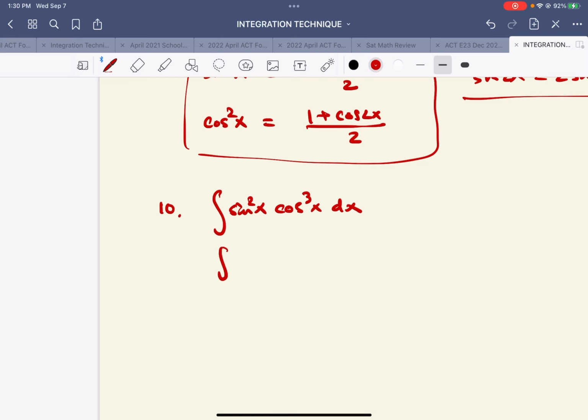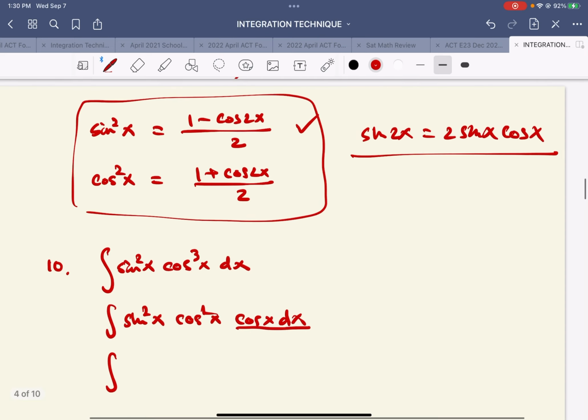So what I'm gonna do, like I said, sine squared x, and then this one, cosine squared x, and cosine x dx. So I know if I make u a sine, then cosine x dx will be du. So another formula you need to know: sine squared x plus cosine squared x equals 1. We call it the Pythagorean identity.